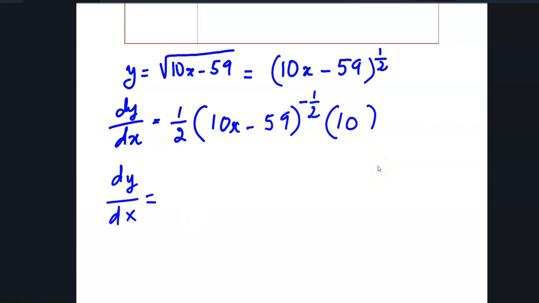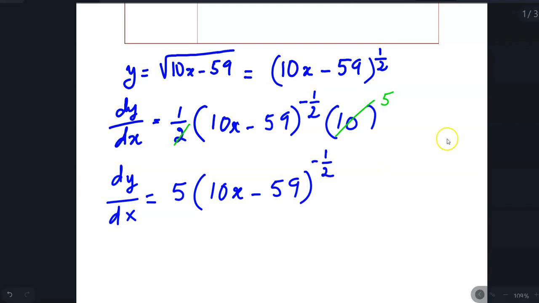So simplifying this, I can see that 10 divided by 2, I have 5 left over. So this equation will become 5 times (10x minus 59) raised to the exponent minus a half.